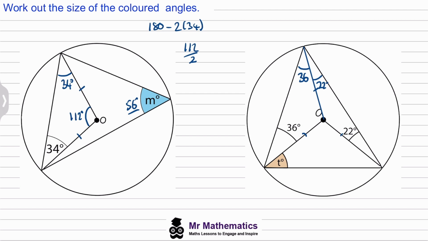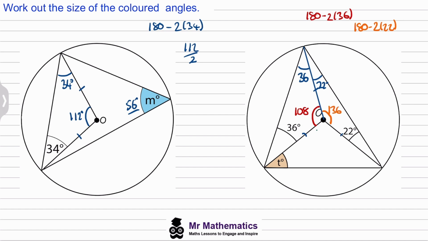So we can work out the angle in the center of this triangle as 180 minus 2 lots of 36. And this will give us 108. We'll use the same idea to work out this angle. 180 minus 2 lots of 22, and we get 136.